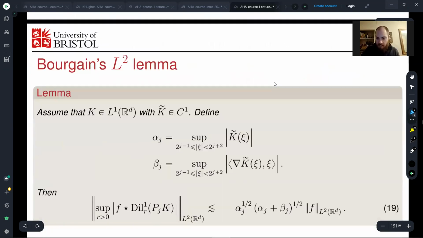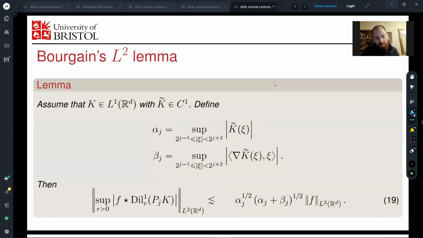So Bourgain did this. Probably everyone who has done maximal functions did this, but we're going to use a formulation due to Bourgain, where he introduced these parameters, which I'll call alpha j and beta j. I think that's the same notation he used. We start with some function k, and k is for kernel.